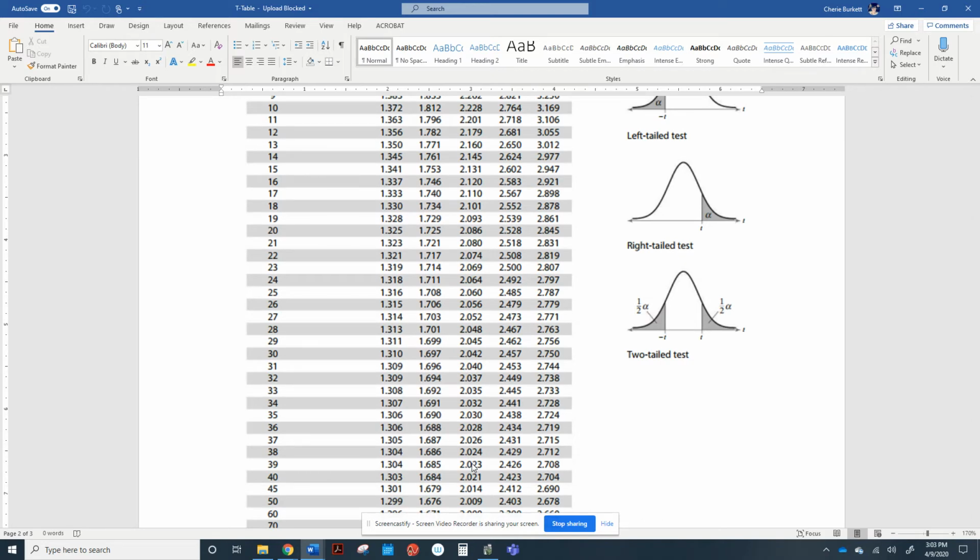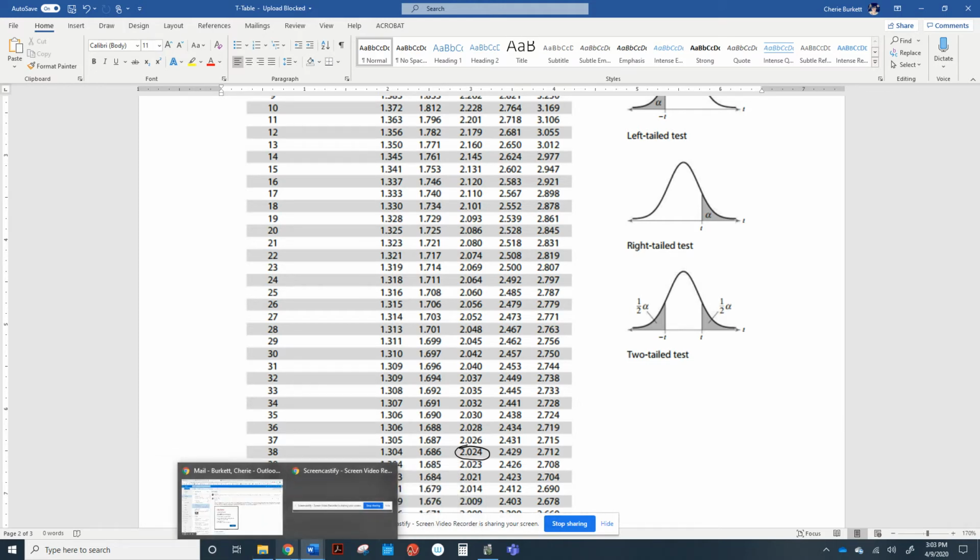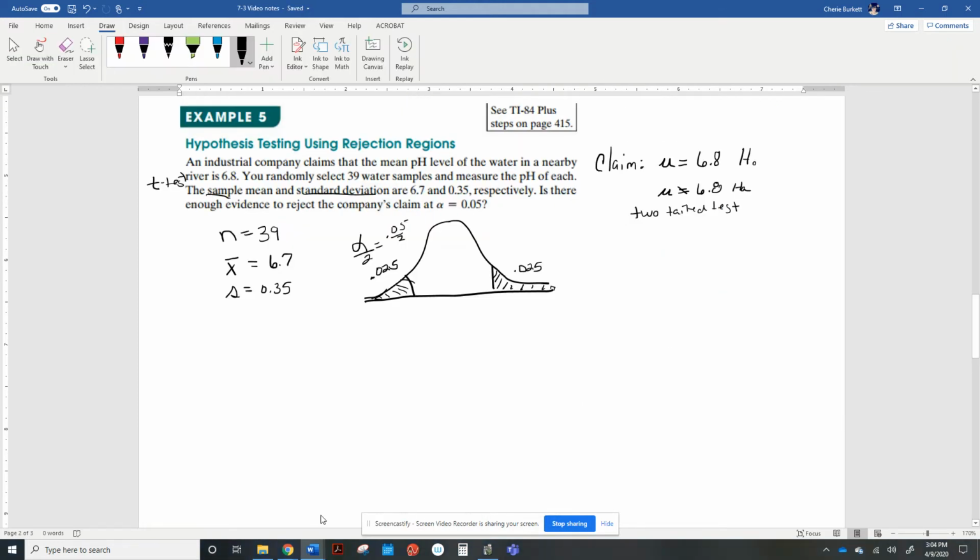So it's this one right here. So there is the critical value, 2.024. Now remember, you'll have two of them, negative 2.024 and positive 2.024. That's a 4, not a 9. Okay, so those are the critical values.